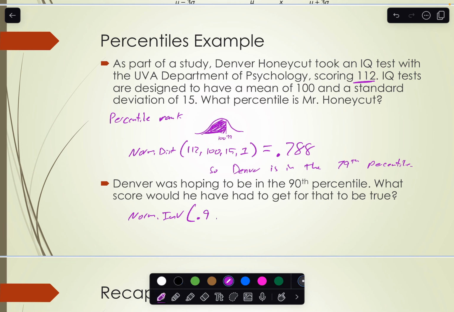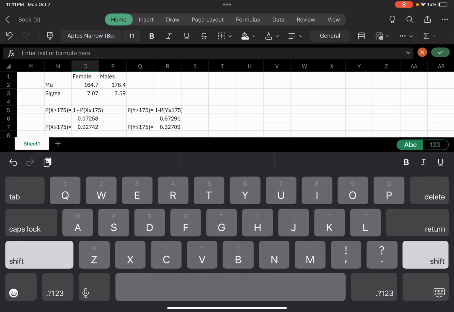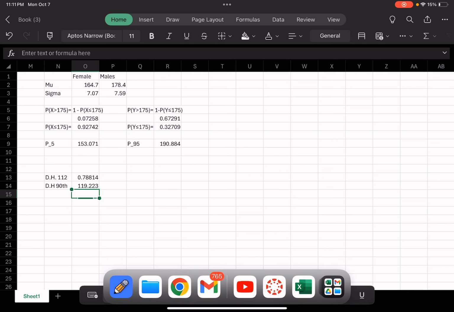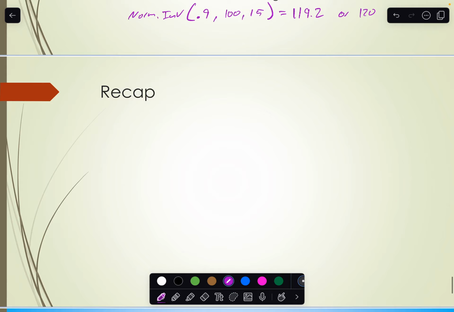So 0.9 times the mean and standard deviation, and there's no cumulative parameter here. 119.2. So, and that sounds reasonable. It's a little more than what he got. He would have had to have gotten a 119.2, or 120 if you wanted to be in that percentile.